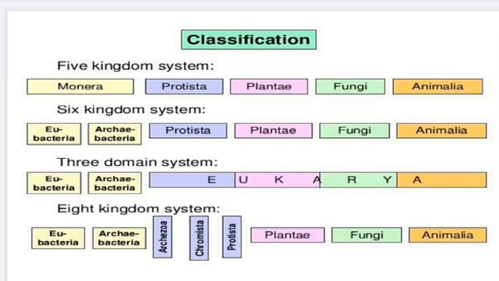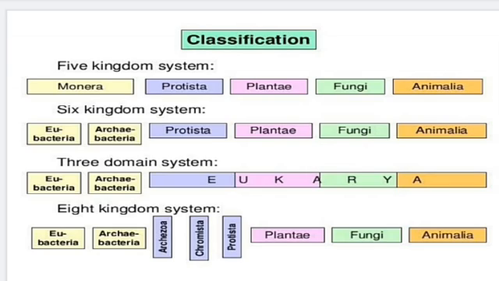He classified plants into three groups, that is trees, shrubs and herbs, whereas animals he divided into two groups, those with red blood and those without red blood.